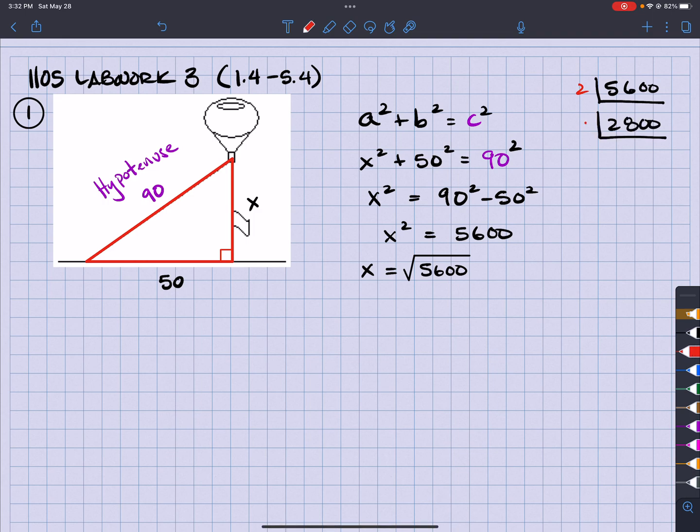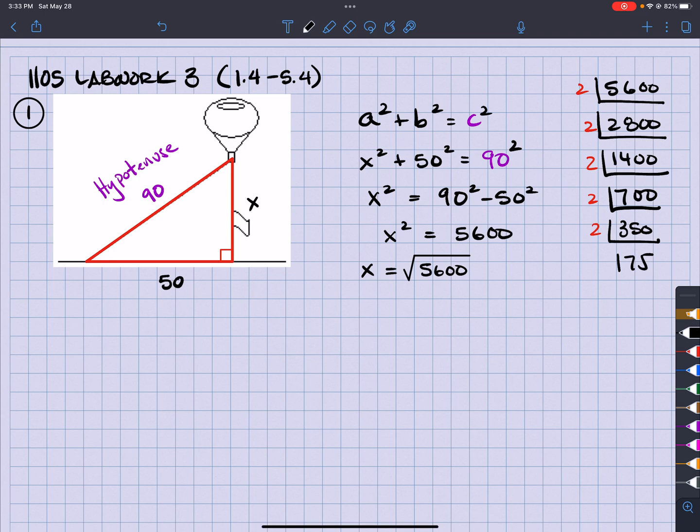And 2 again goes into 2,800, 1,400 times. 2 can go into that, 700 times. 2 can go into that, 350 times. 2 can still go into that, 175 times.